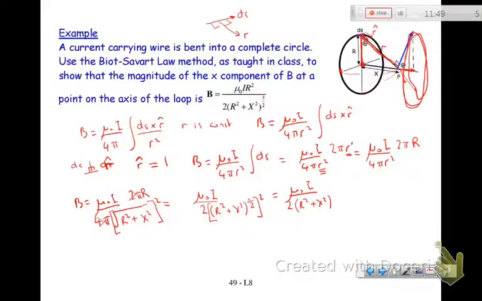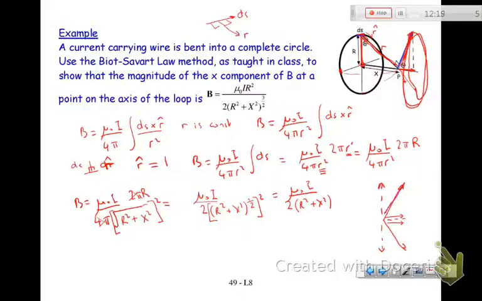Yep. Still not there. And the reason why I'm not there is because, hold on. I've got to take into account this component apart, because these y components, or I'm drawing them as the y components, those components are going to cancel, but the x components are going to add together. Okay?